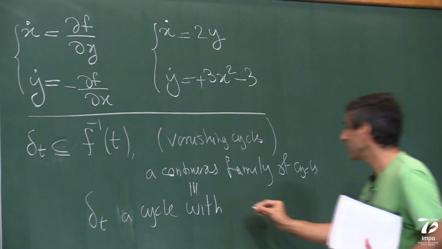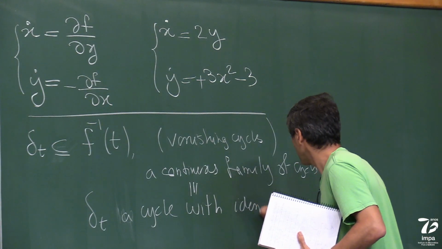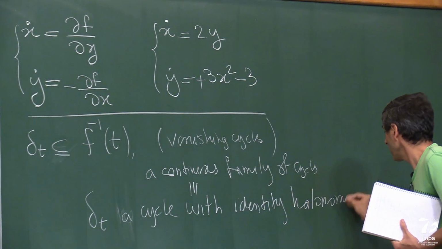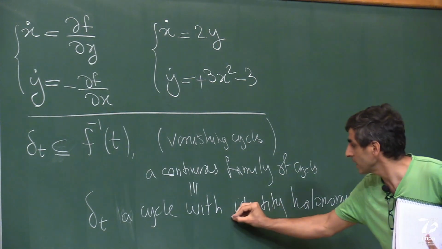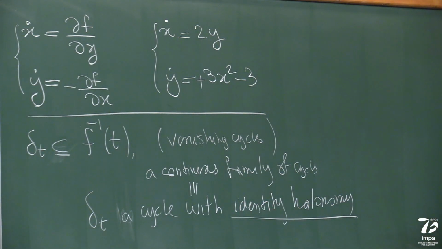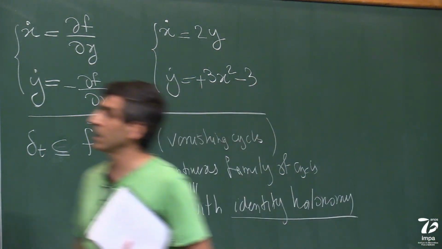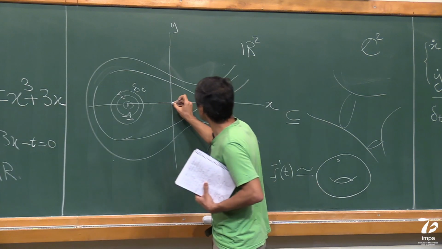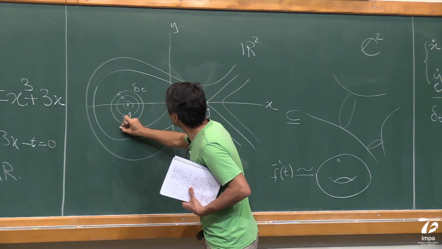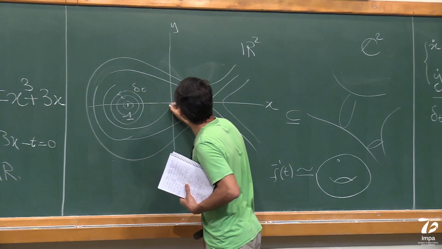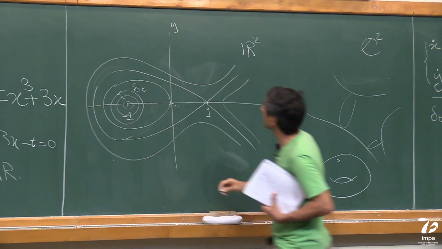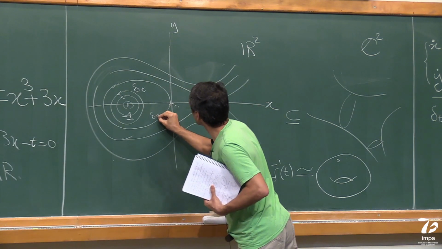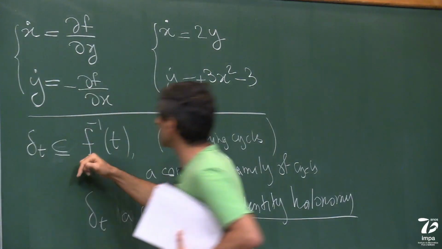The cycle with identity holonomy. And in a minute, I will try to explain this. But for the moment, you can take this family of cycles. And in particular, I will need this delta 0. There is also a cycle here, which is tangent to the y-axis. So this will be my delta 0. So my delta t is inside f minus 1t.